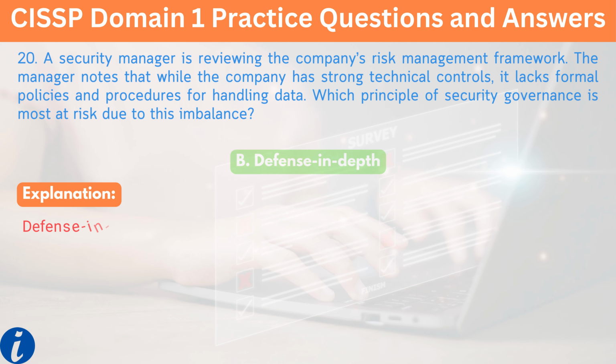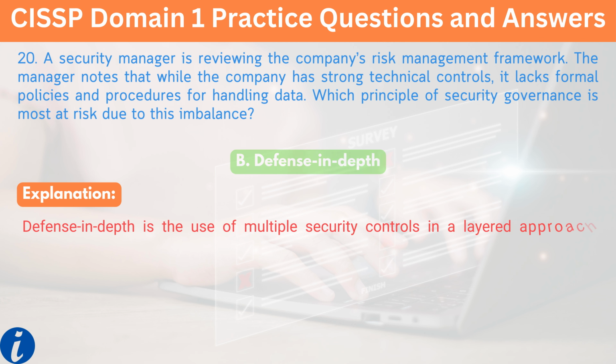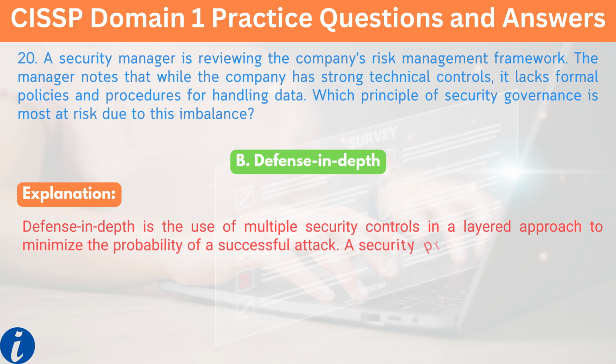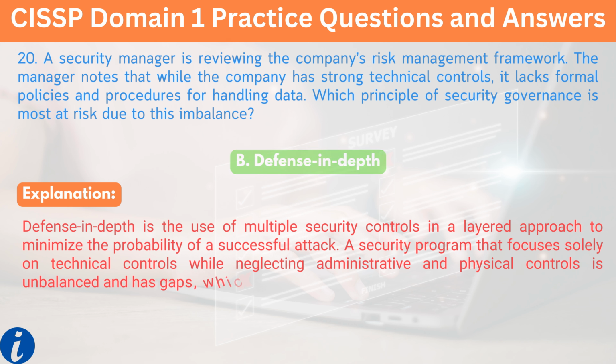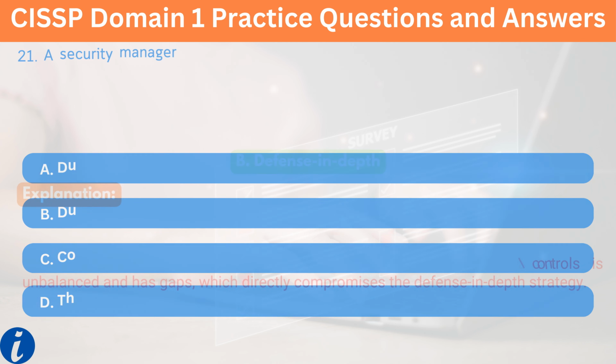The correct answer is B. Defense in depth. Explanation. Defense in depth is the use of multiple security controls in a layered approach to minimize the probability of a successful attack. A security program that focuses solely on technical controls while neglecting administrative and physical controls is unbalanced and has gaps, which directly compromises the defense-in-depth strategy.